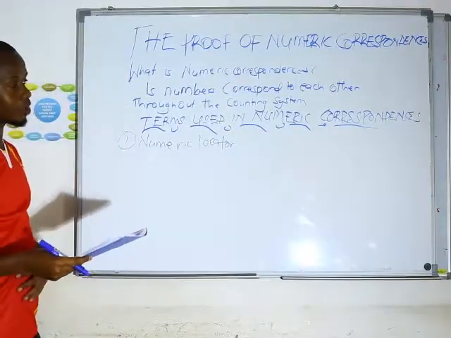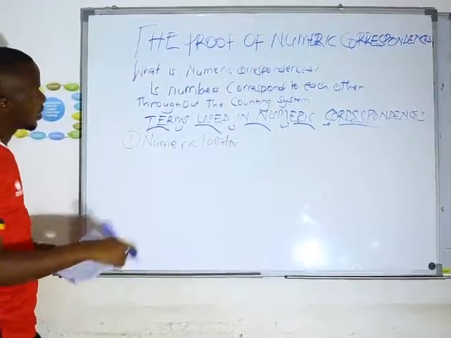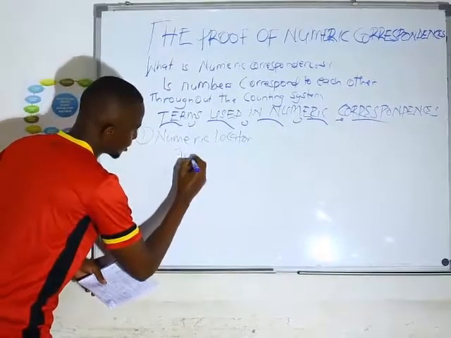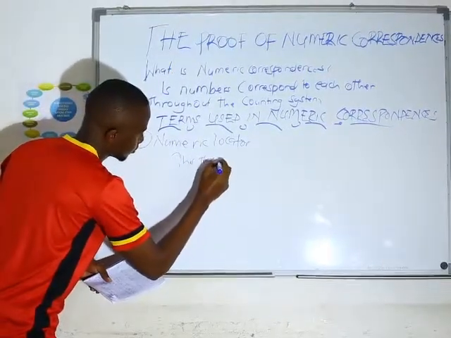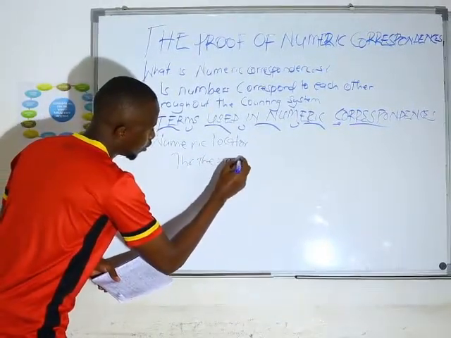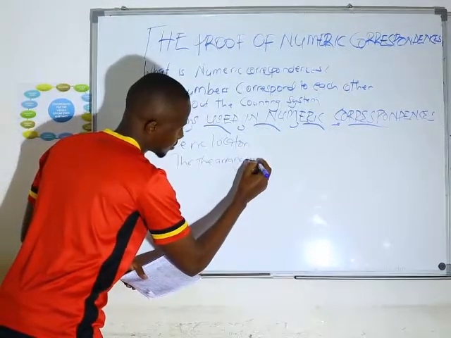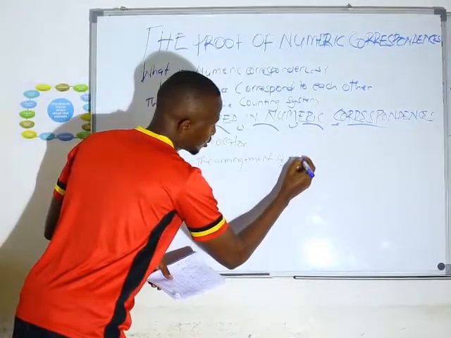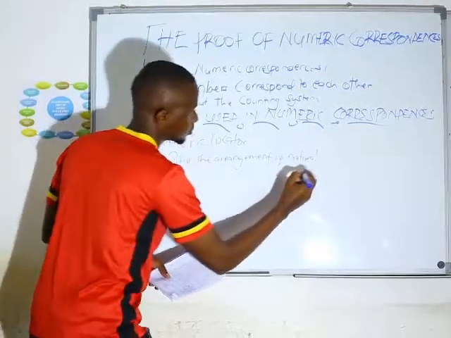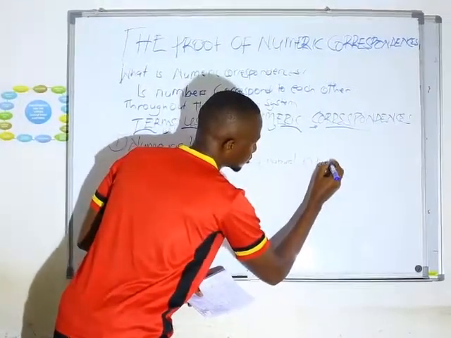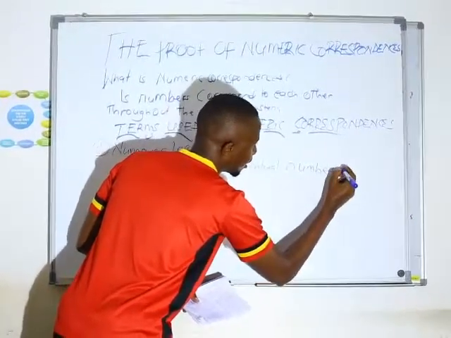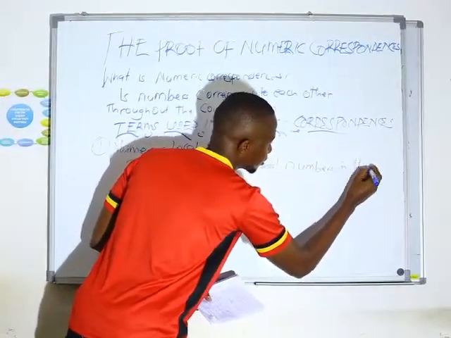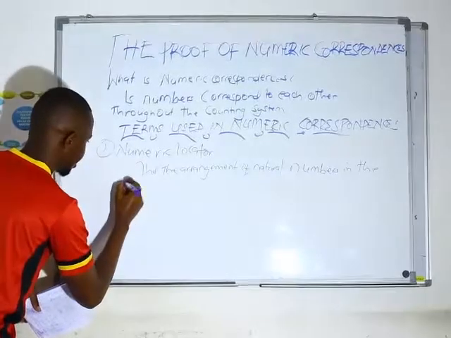So what is a numeric locator? This is the arrangement of natural numbers in the first quadrant.